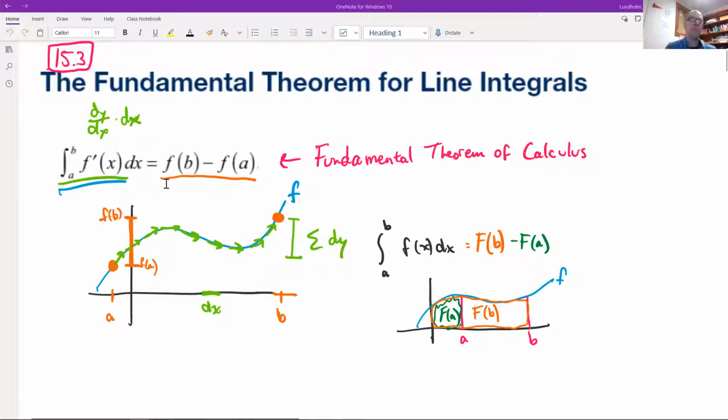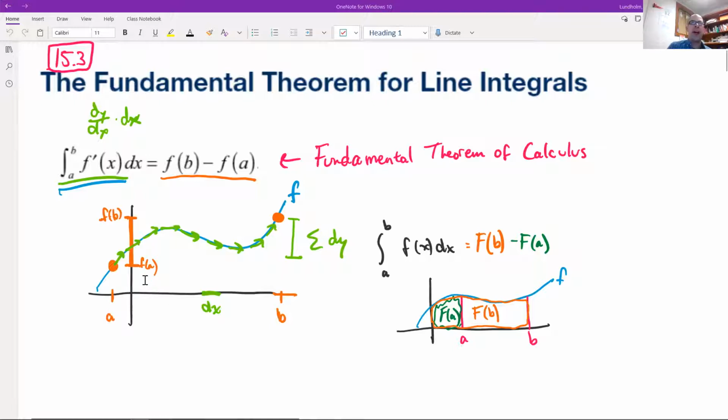Still the same thing. But since this is written as f prime of x dx, we can look at this in another way as the ratio of these differentials dy over dx. And if you squint hard enough, maybe these dx's cancel, and all you're left with is an integral of a bunch of dy's. Let's think about what that might look like geometrically.